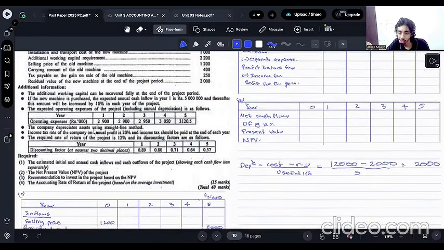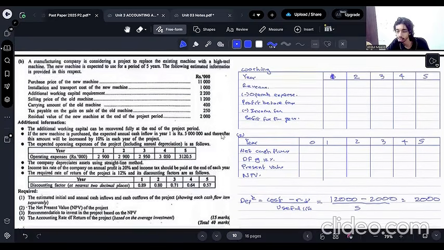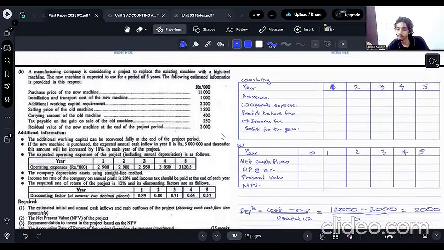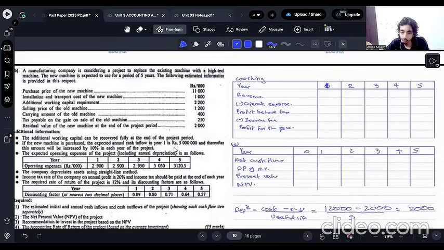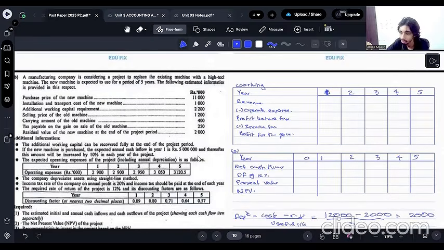Income tax rate of the company on annual profit is 20%, and income tax should be paid at the end of each year. Now you have to find your income tax. Here, your revenue will be the annual cash inflows, right? You have to prepare the income statement of each year and find out how much is the tax.